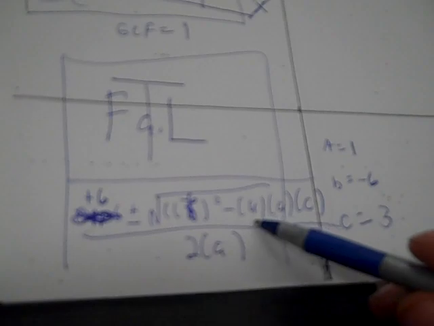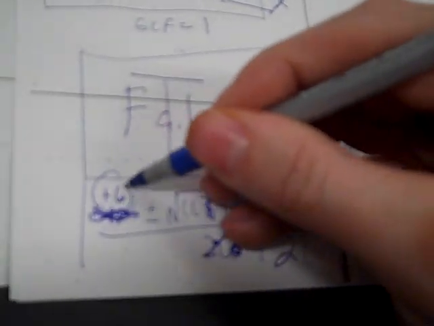Okay, it's me putting a -6, and then 4, and then A is 1. C is 3, +3, and A is 1. Well, on the bottom, you should know that 2 times 1 is 2, okay? So you got the +6, the addition and subtraction, and the 2.